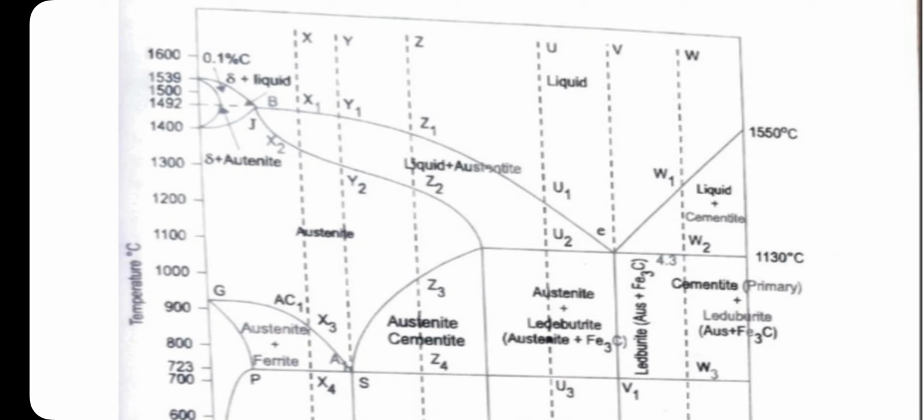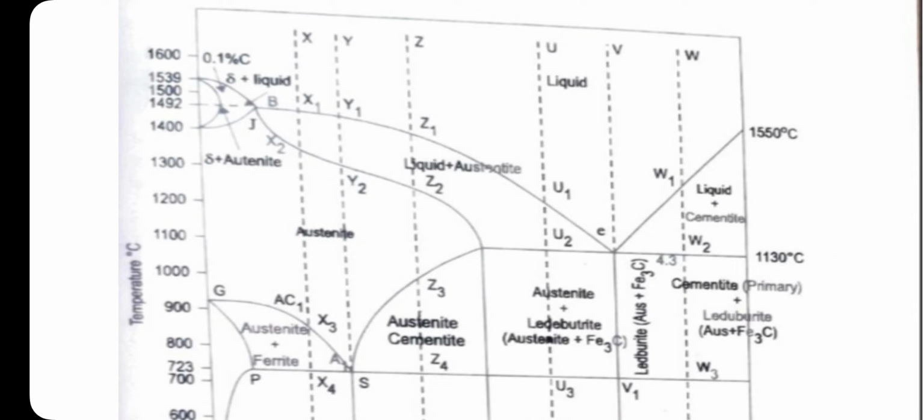First consider alloy X. Alloy X corresponds to hypoeutectoid steel and it contains about 0.6% carbon. Above X1 the iron carbon system is in liquid state. Between X1 and X2, the peritectic reaction occurs and some of the liquid becomes austenite.